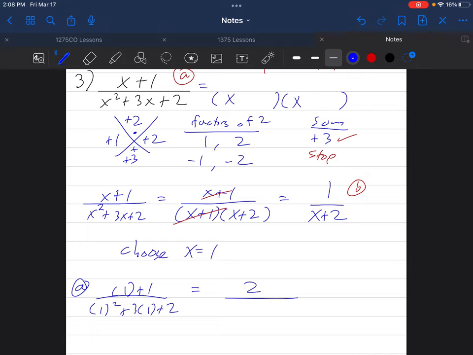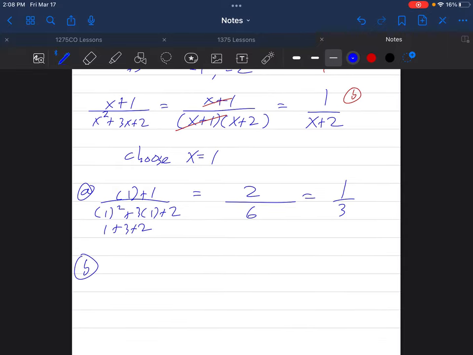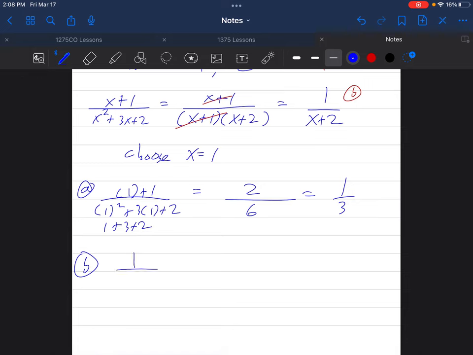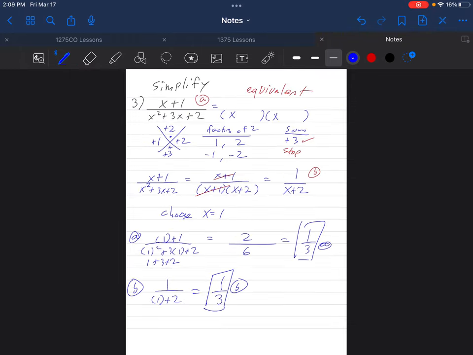That's equal to 2 on the numerator level. 1 plus 3 plus 2 is equal to 6, so that's 2 over 6, which reduces to 1 over 3. Expression B, 1 over x plus 2. Choosing x equals 1 means 1 over 1 plus 2, which is equal to 1 over 3. And again, we have verified that expression A is the same as expression B through this verification process.